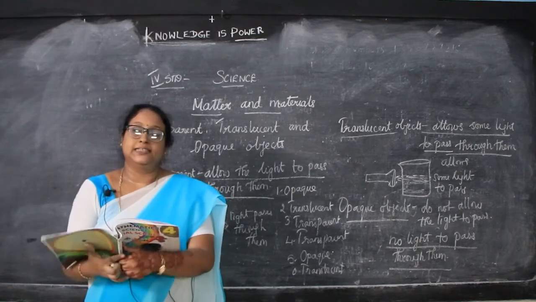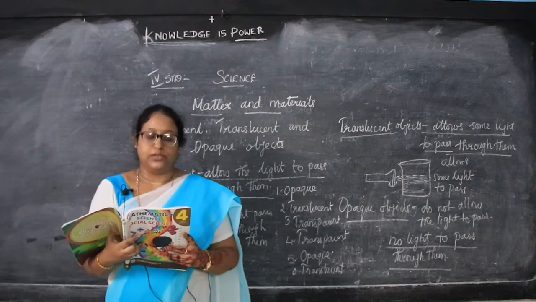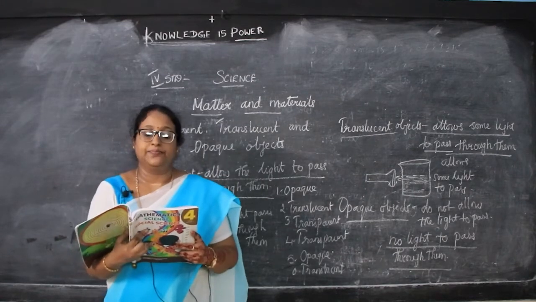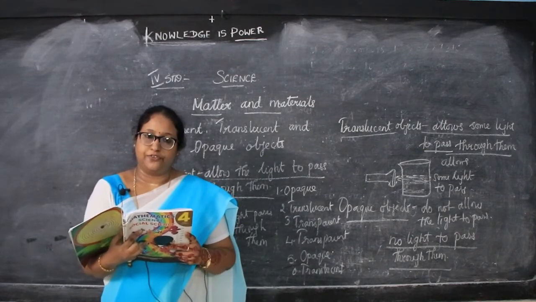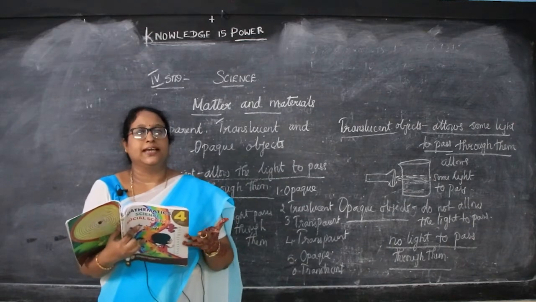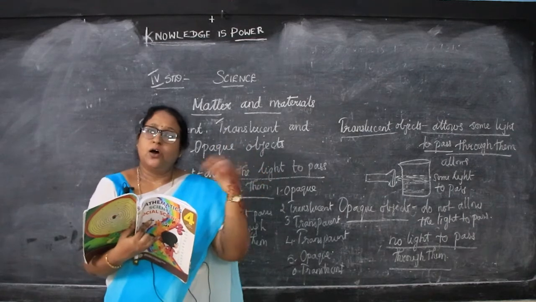Next, we will see the reflection of light. We see the world around us with the help of light. Where do we get light from? Light may come from the sun, or from sources like an electric lamp or bulb in the house.